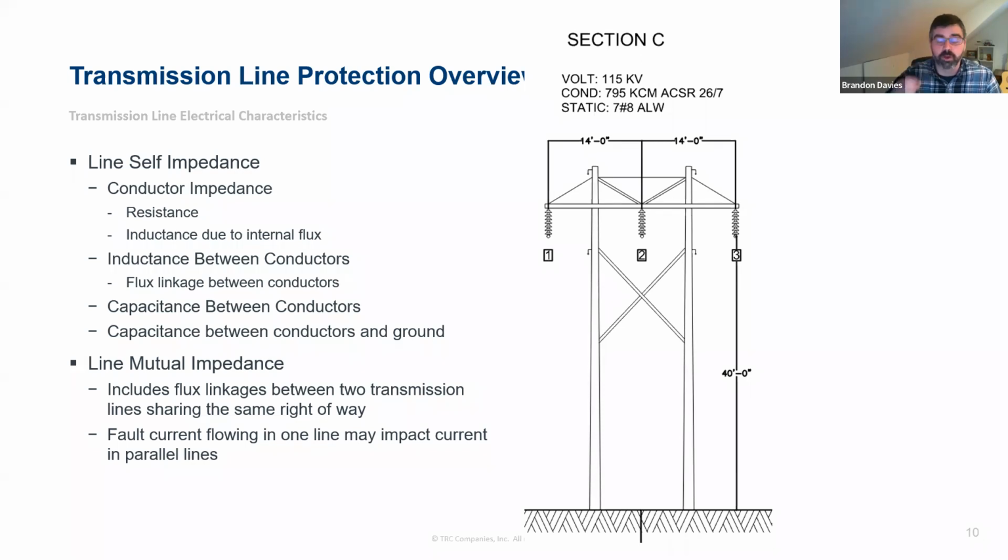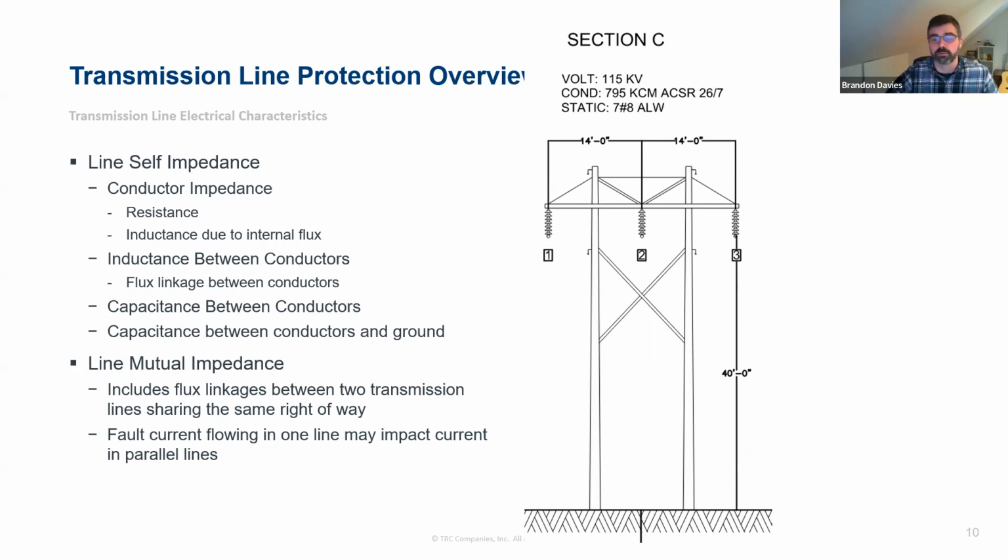So there's a number of different softwares out there where you can map out the conductor spacing, the height off the ground, spacing between phase conductors, where the ground conductors are located, the types of conductors, and a host of other parameters, and it will go through and do all the math for you and come out with a result that will say, for this type of structure and this type of arrangement with these types of conductors, here's your positive sequence, zero sequence, negative sequence impedance for this line per unit length.